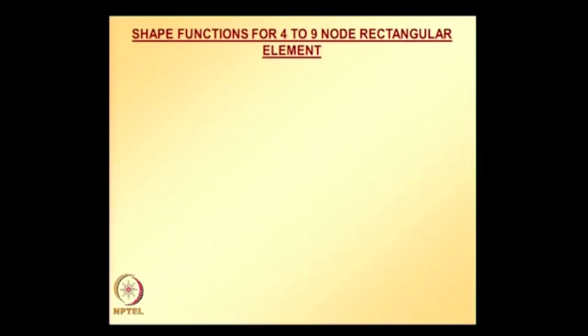At the end of the last class we have seen a table in which a general set of functions are given to derive shape functions, or to write the shape functions explicitly for 4 to 9 node rectangular element.